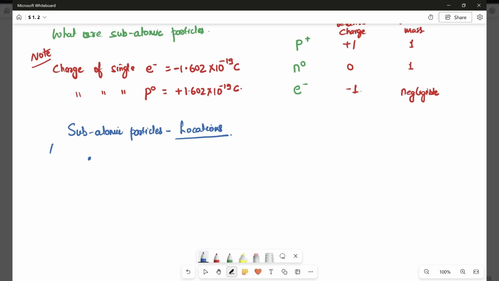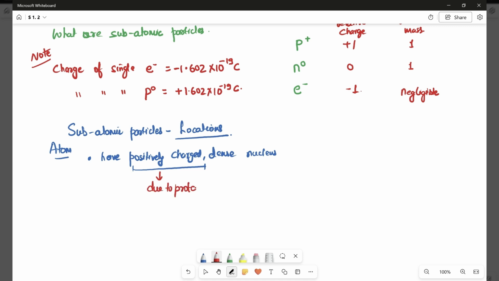This positive charge is due to protons. And it is dense because the mass of the atom is concentrated in the nucleus.